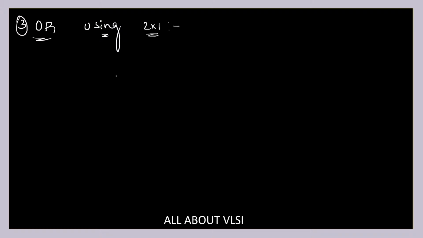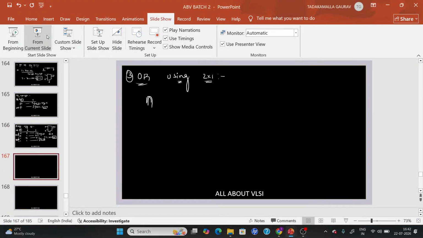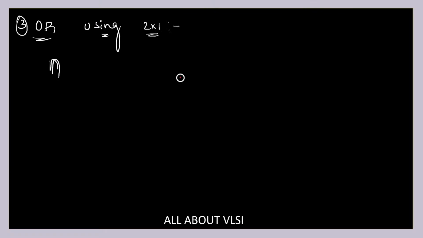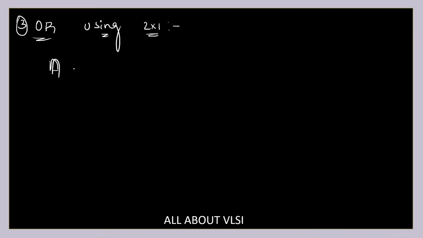One second, let me exit from this PPT. So first of all, I'm going to come up with the truth table of my OR gate, which is A, B, and my output. So I'm going to have 0, 0, 0, 1, 1, 0, and 1.